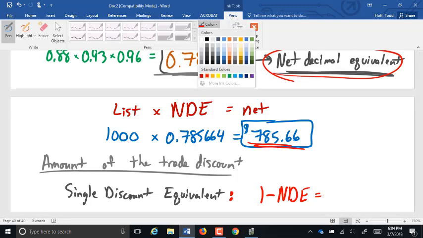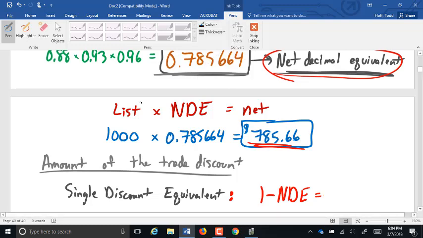Well, why does that work? Well, the list price is 100%. That's the 100%. Minus the net decimal equivalent, well, that is the discount. Oops, that's not the discount, that's the net price. So if we take the 100%, subtracting the net price, what's left is the discount.